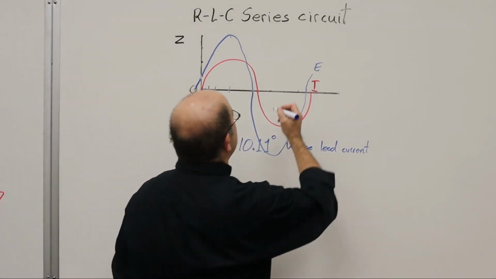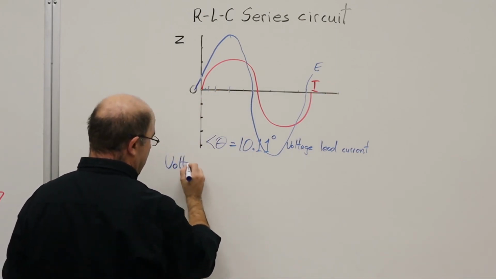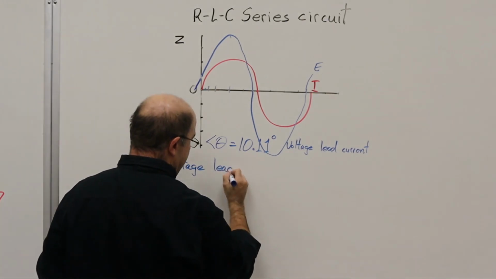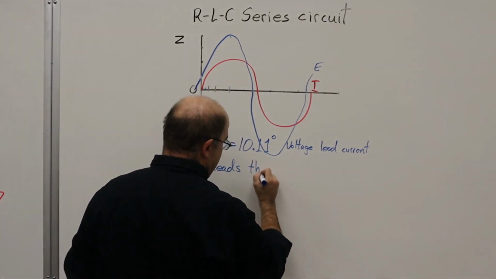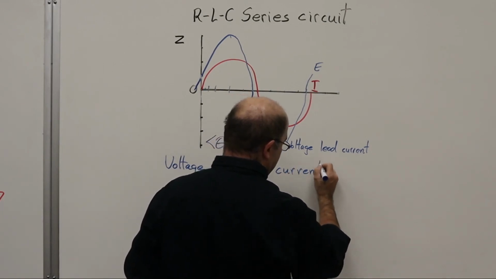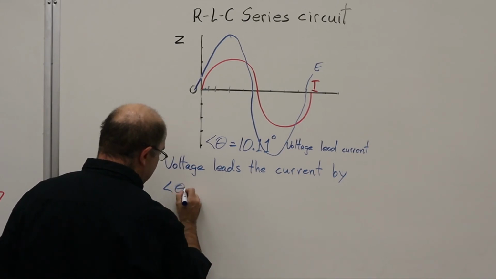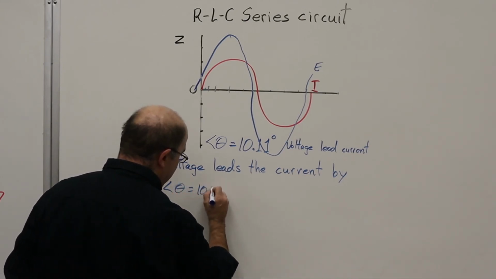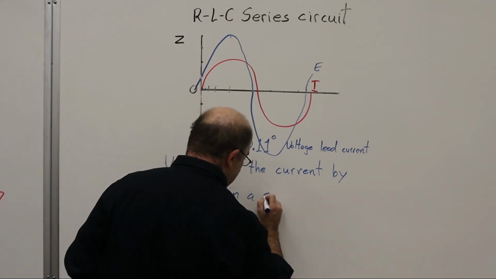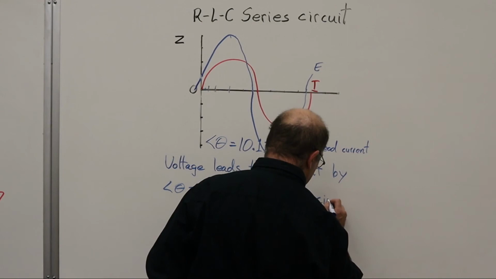Now, we're also going to write out that voltage leads the current by angle theta, and in this case it was equal to 10.11 degrees in a series circuit.